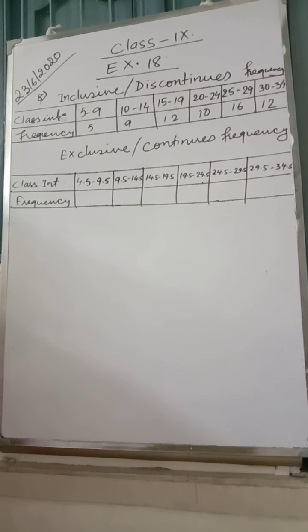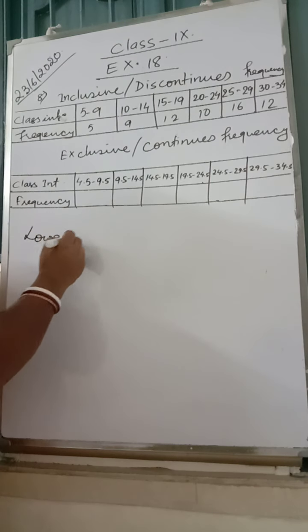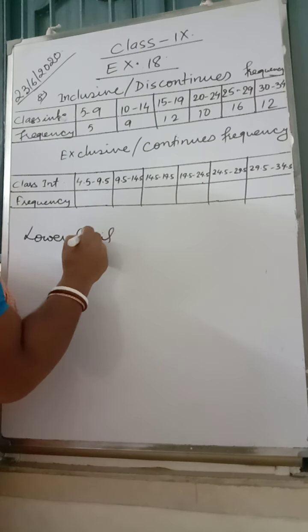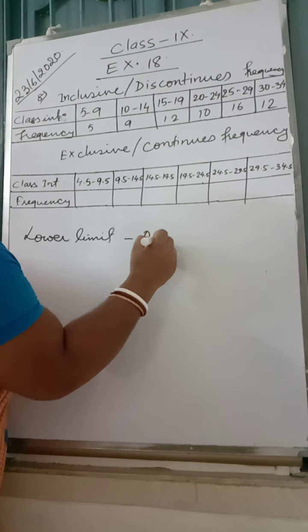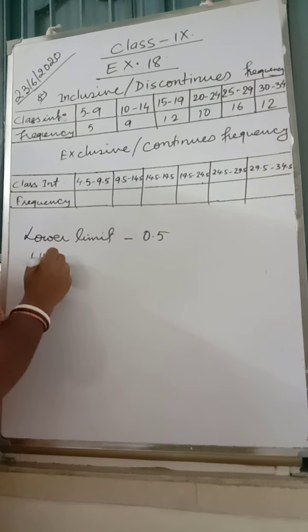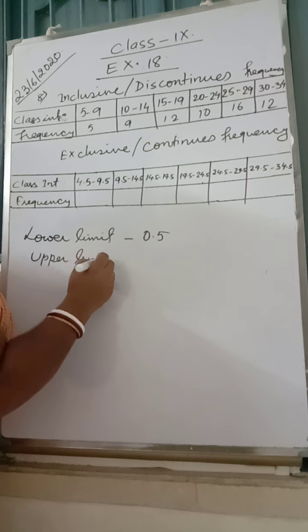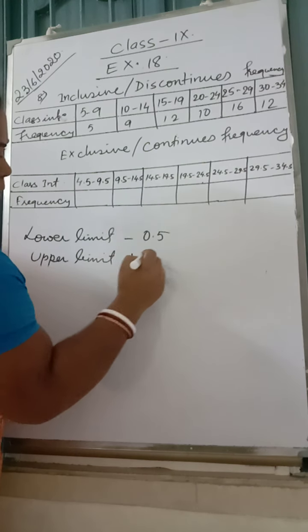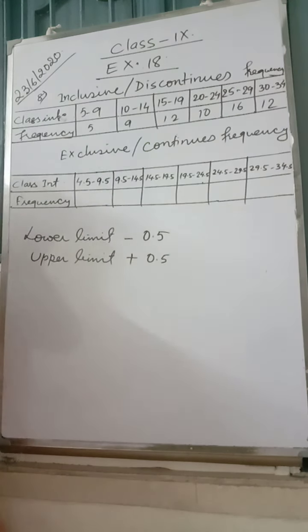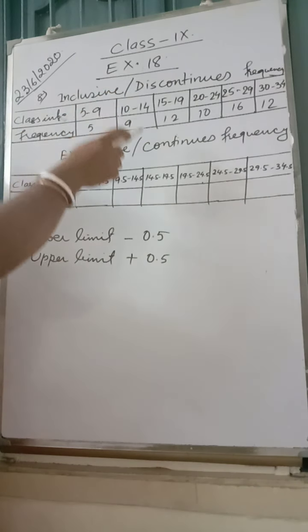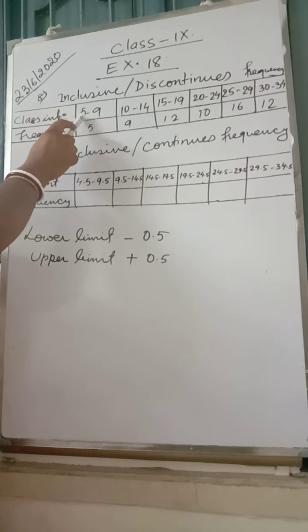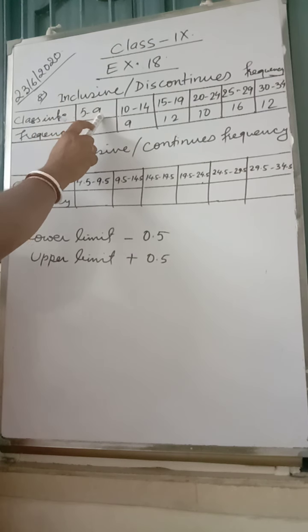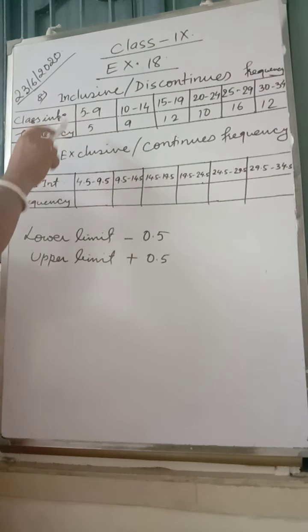What have we done? We have taken lower limit minus 0.5 and upper limit plus 0.5. This was told last time also. When we have discontinuous, to convert it into continuous, we take the lower limit and upper limit, and subtract 0.5 from the lower limit.